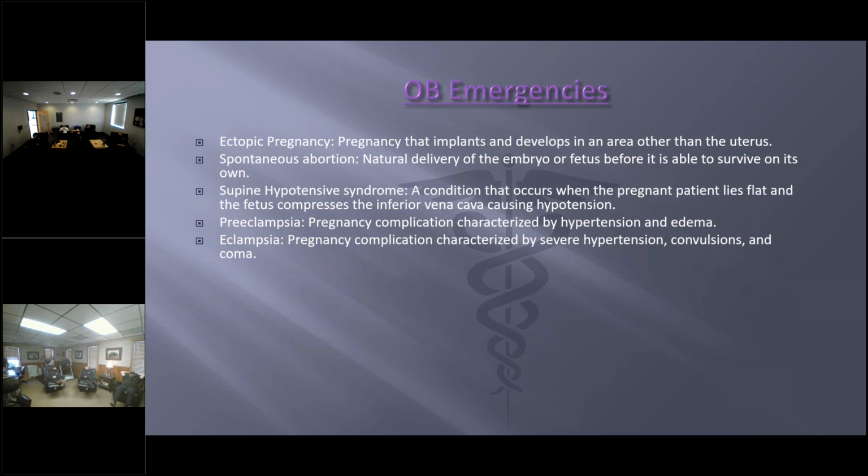Preeclampsia is going to be indications of severe hypertension. And if that is not treated, it can lead into eclampsia. So this is a significant hypertensive emergency in which it can cause seizures, coma, and then it could send that patient into cardiac arrest.